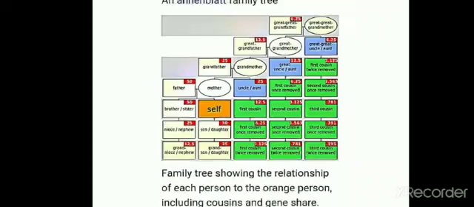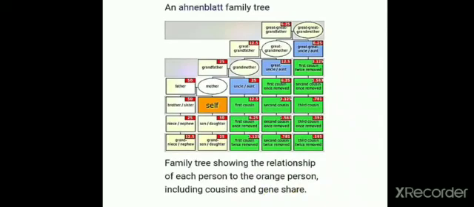For example, self is the person, and with respect to self, first cousin, second cousin, third cousin is written, and son, daughter, then mother, grandmother, like that. With respect to a single person, a family tree is written. This is known as Ahnentafel family tree.